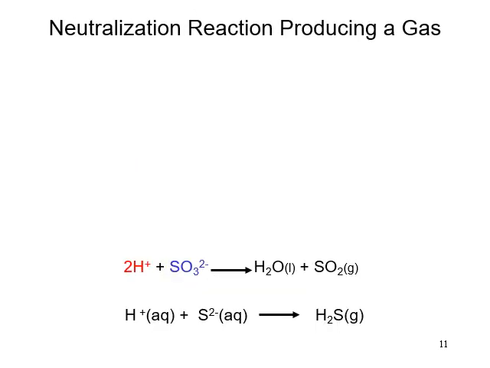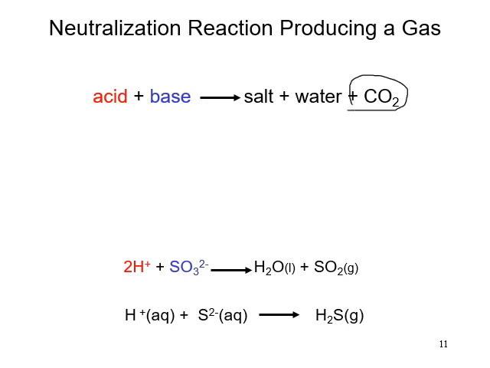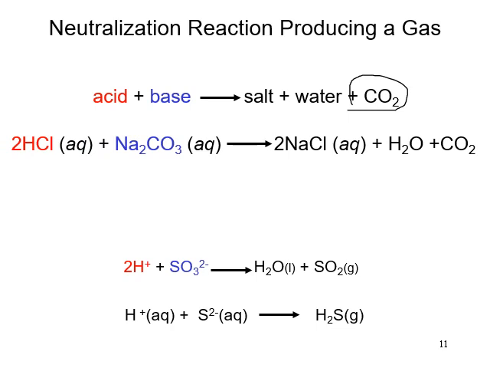So a neutralization reaction that produces a gas: you can still have acid plus base to make salt and water. And now I have carbon dioxide here. In order for carbon dioxide to be created, it looks like we would need a carbonate. And here's a carbonate that is going to react with hydrochloric acid to make carbon dioxide, water, and sodium chloride. The intermediate step is to make what's called carbonic acid, and carbonic acid then decomposes into these two pieces.